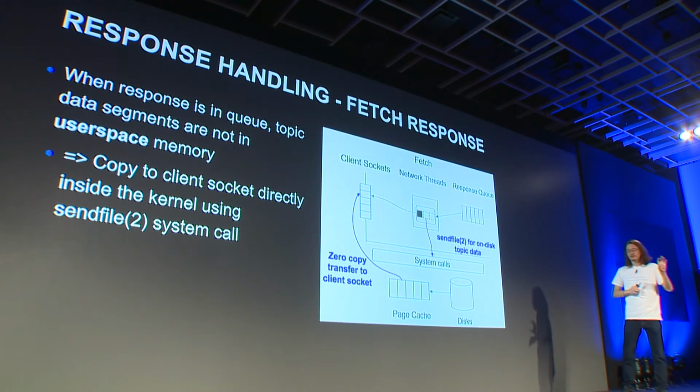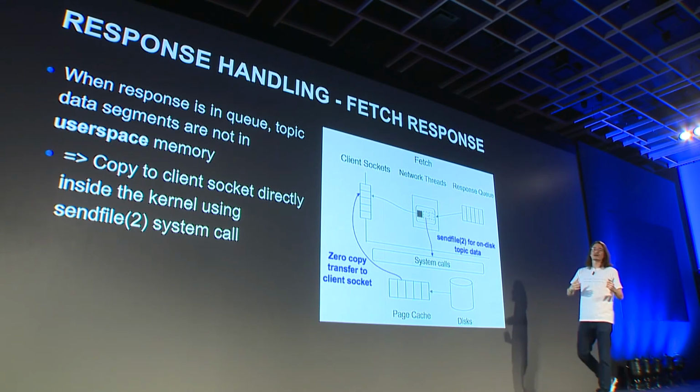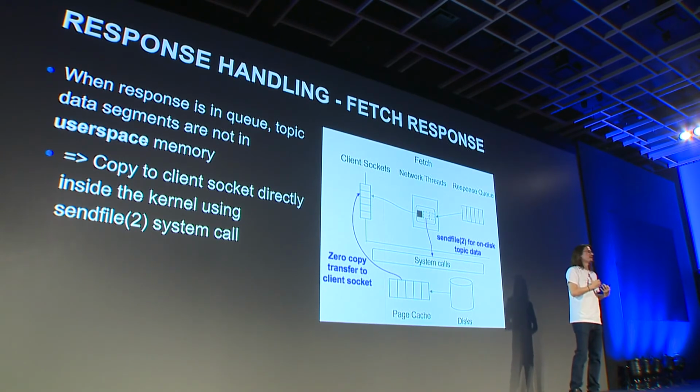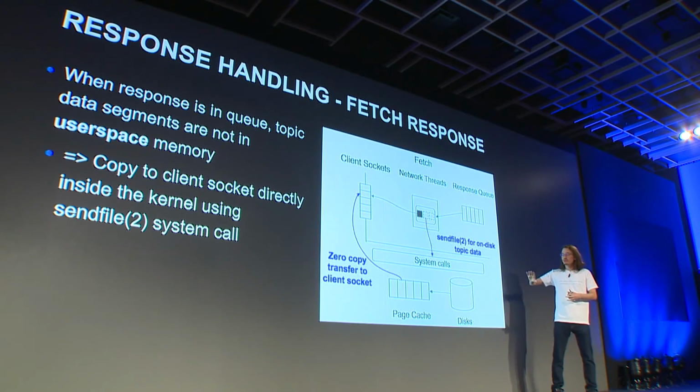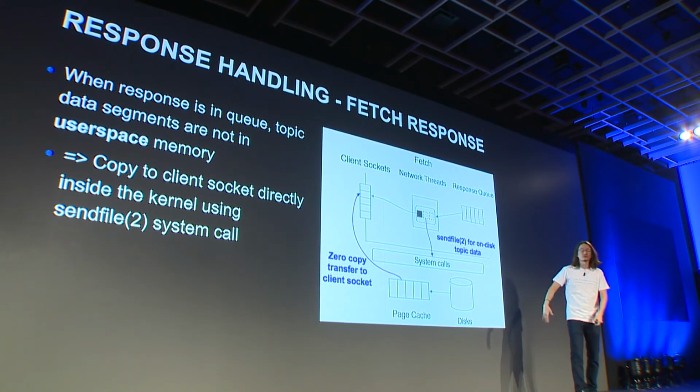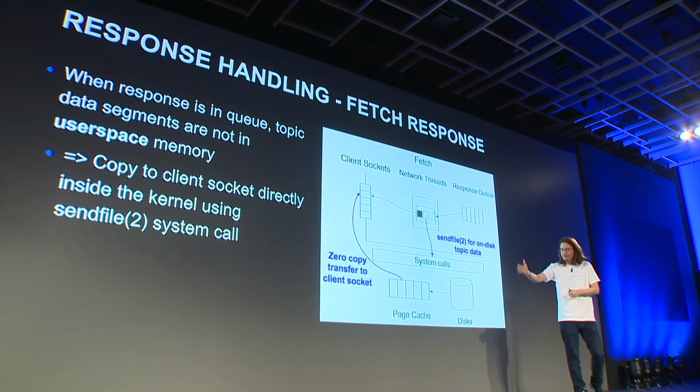But the fetch API is a little bit different. This is the API the consumer uses to get data from the cluster, so it reads the topic data. When the broker returns the response, it copies the data stored for the topic to the client socket.